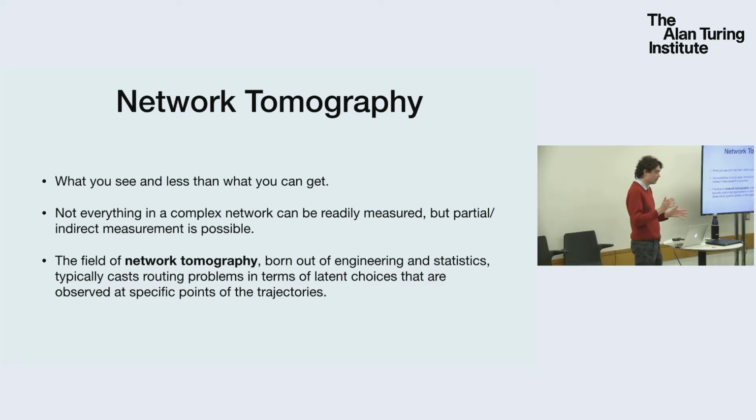So I'm not saying here that this is going to be the main state of the art from now on to understand trajectories. It's one component of different ways by which transport authorities can get a fuller picture, because even mobile phone technology doesn't give you full coverage of what's going on in a system.